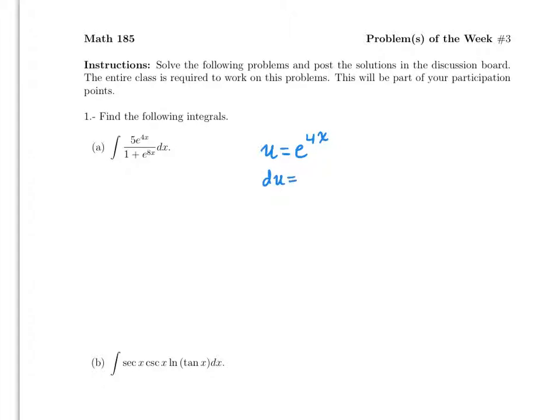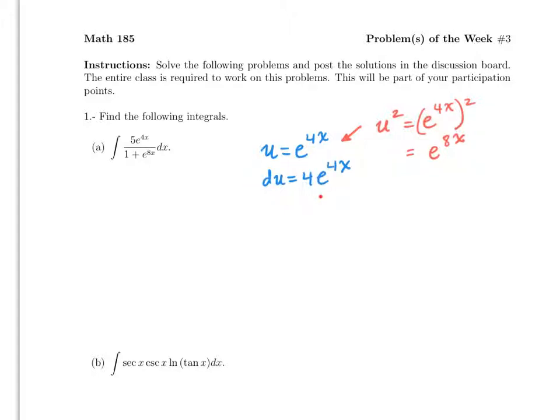Then du is 4 e to the 4x dx. Also notice from here, if you square u, you will end up with u squared equals e to the 8x, which we're going to need in a little bit.